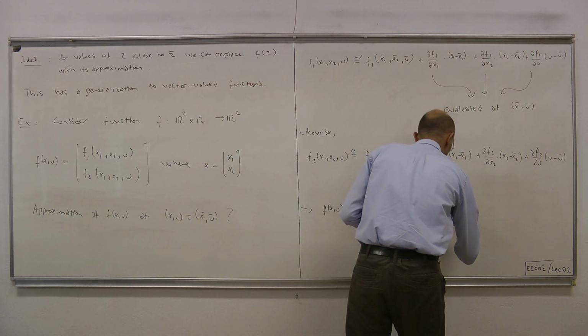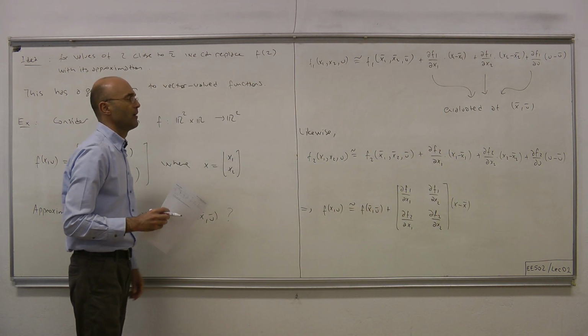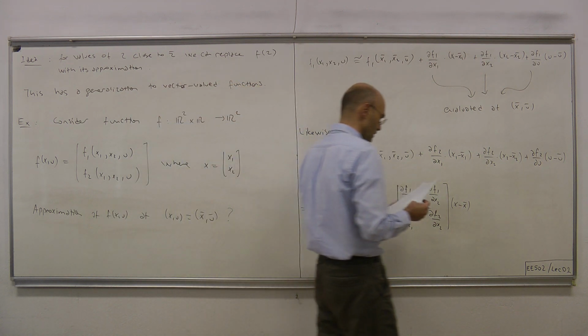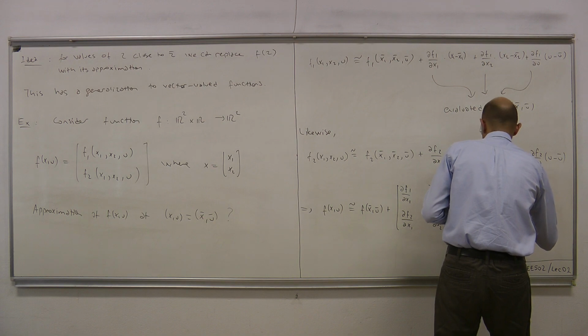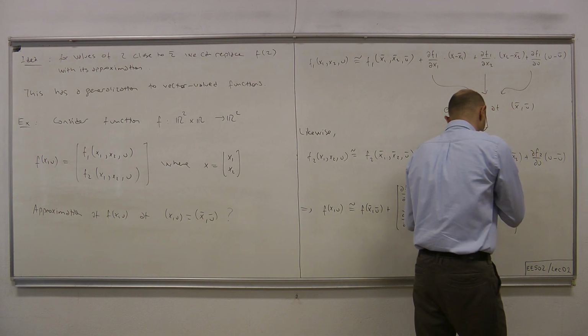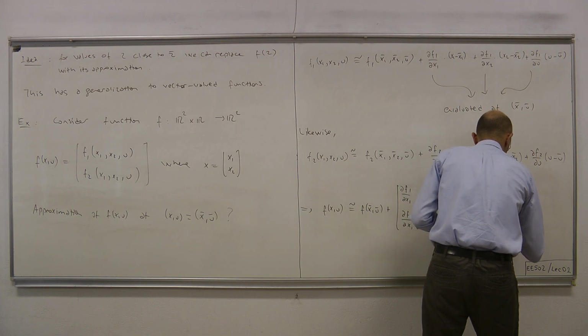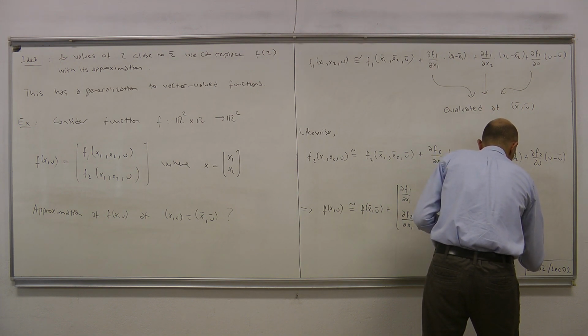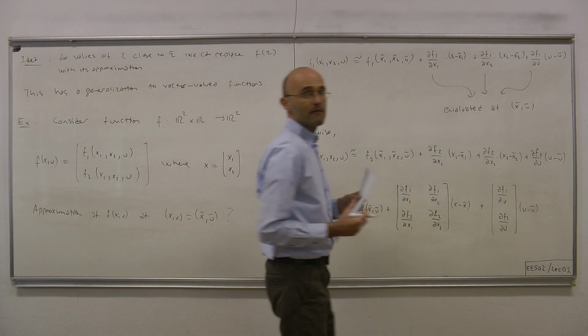Times vector x minus x bar, and plus partial f1 partial u, partial f2 partial u times u minus u bar.